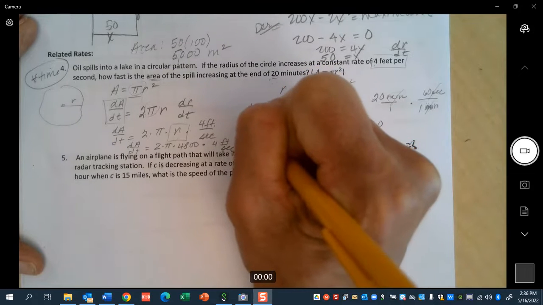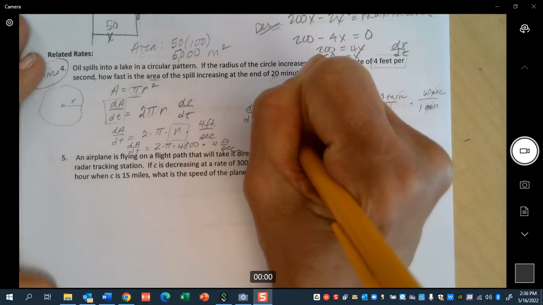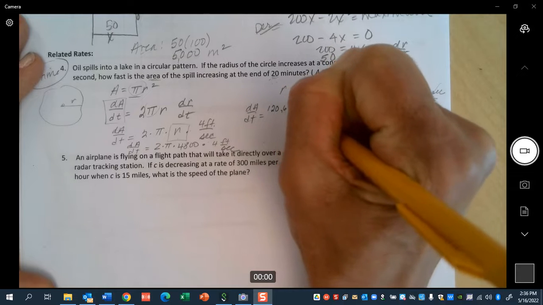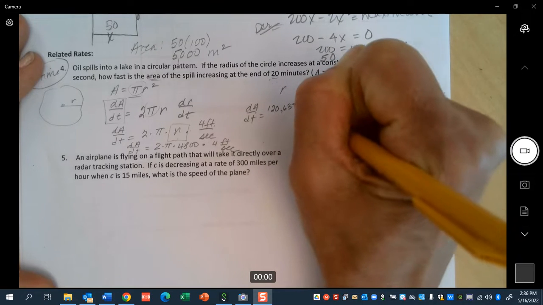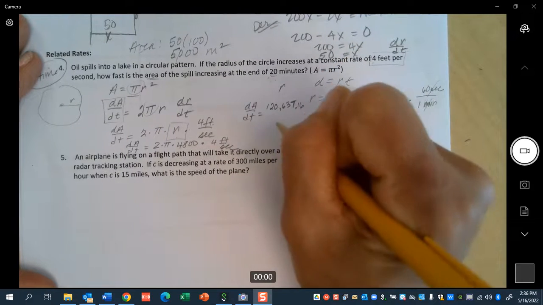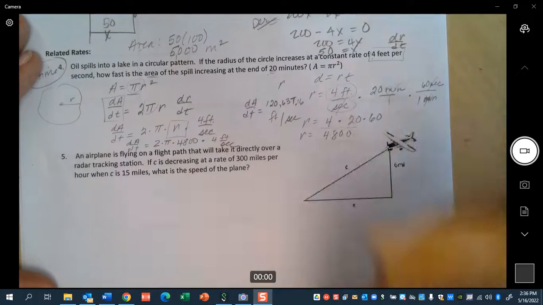My change in area with respect to time is going to be equal to 2 times pi times 4,800 times 4, which is 120,637.16 feet per second.